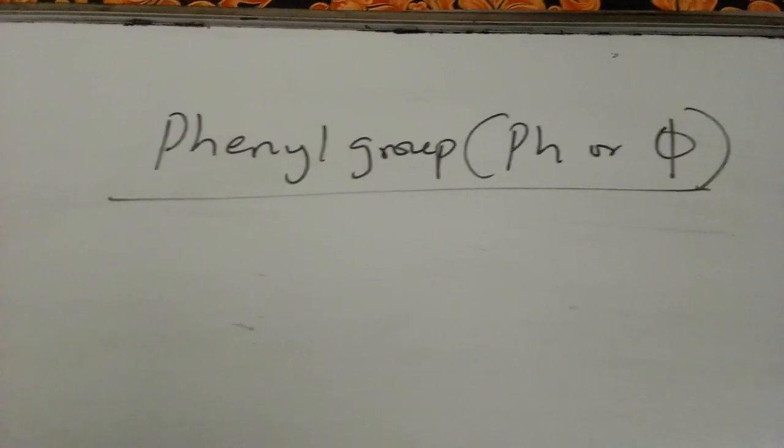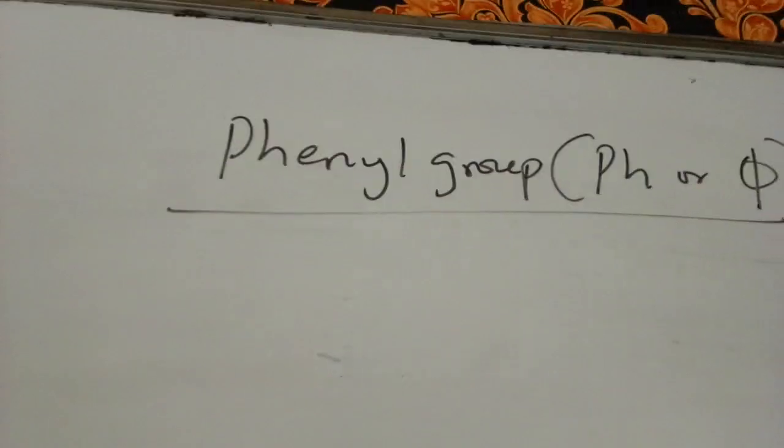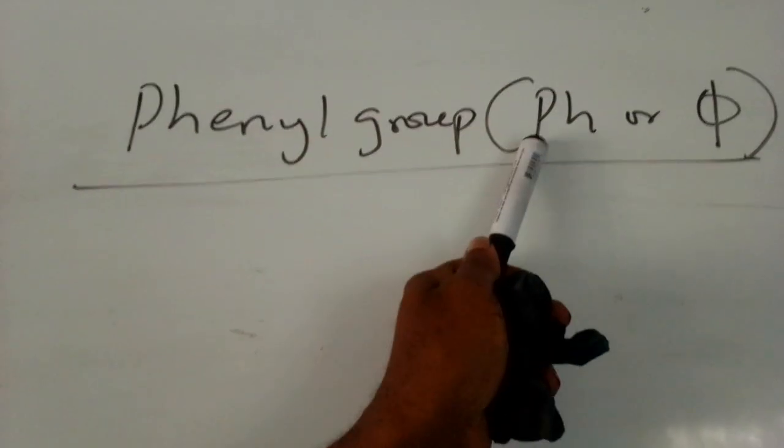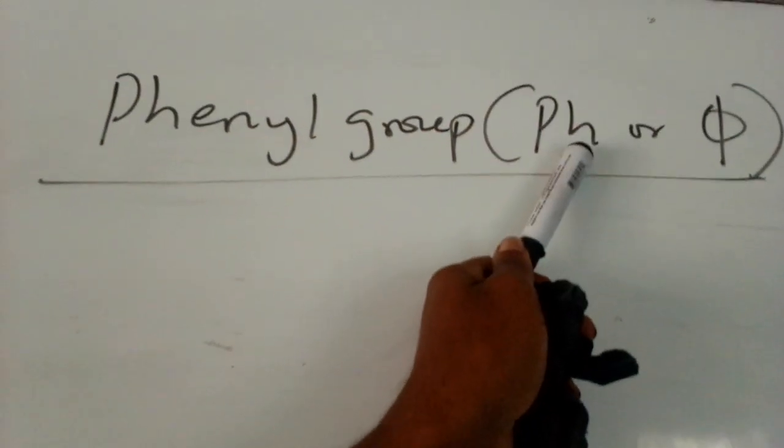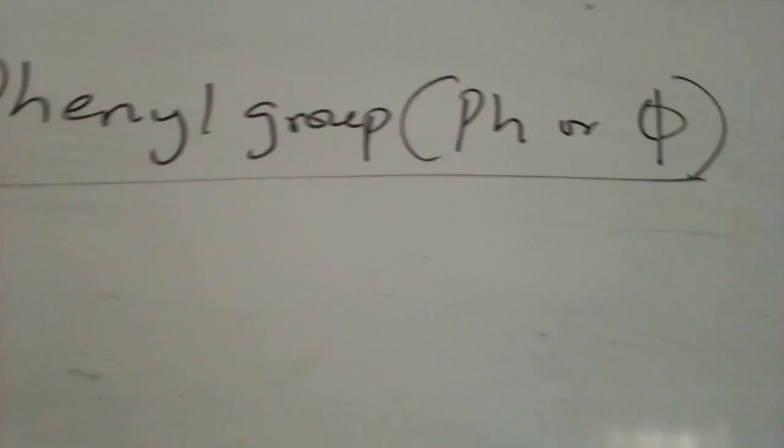Another hydrocarbon moiety is called the phenyl group. The first we treated was the alkyl group. The phenyl group is represented using capital P, small h, or phi. So this symbol stands for the phenyl group.